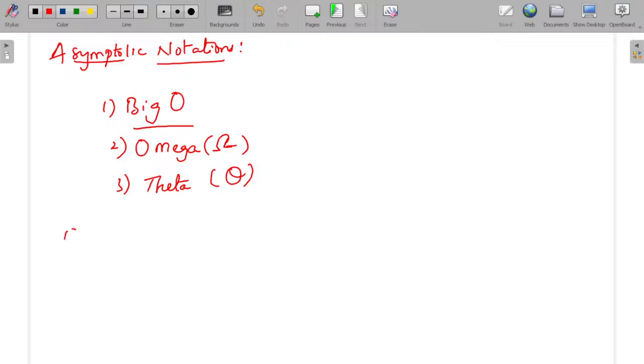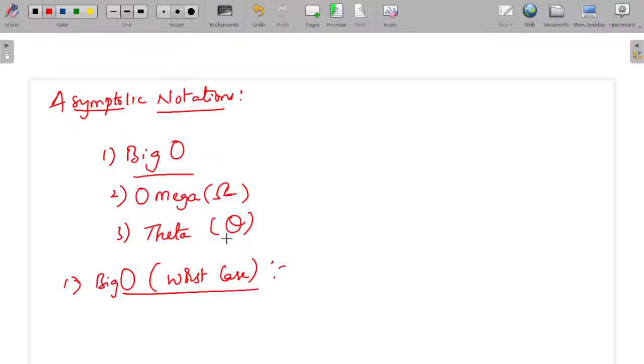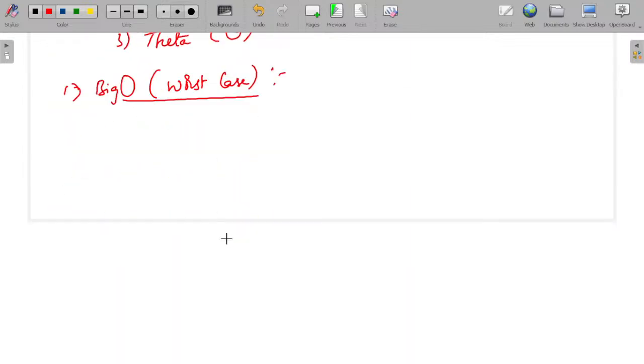Big O notation is used to represent the time complexity of a problem in the worst case. It is used to represent the worst case time complexity or space complexity of an algorithm. For example, before I said that the time complexity of a binary search tree is big O of n.